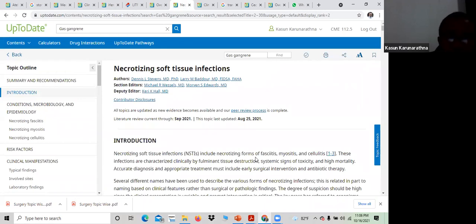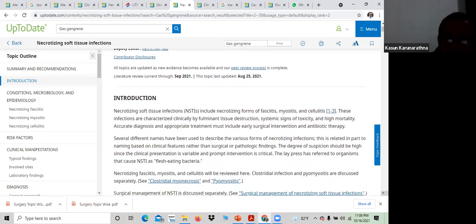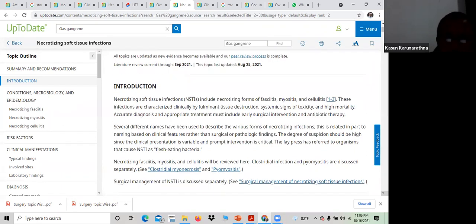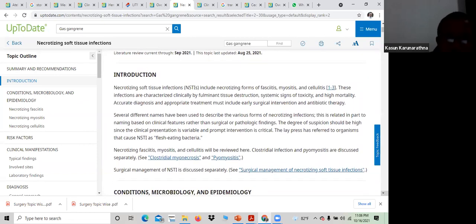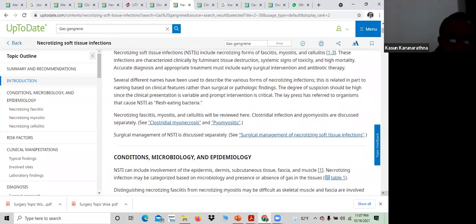Necrotizing soft tissue infections include necrotizing forms of fasciitis, myositis, and cellulitis, right? These are clinically characterized by fulminant tissue destruction and systemic signs of toxicity. They get septicemia and septic shock, and there's a high mortality, right? You should diagnose early and intervene early, right? Antibiotics and surgical intervention are the mainstay of treatment.